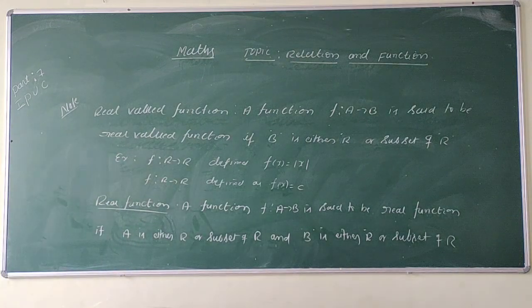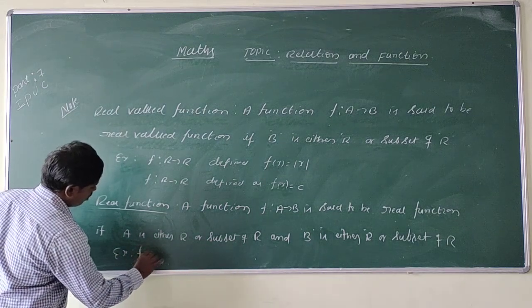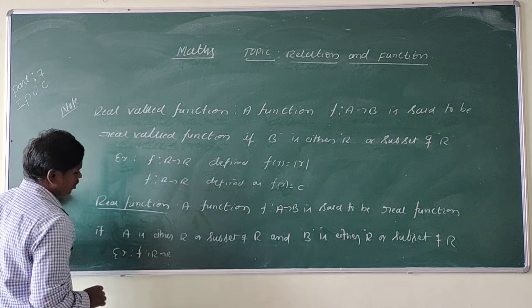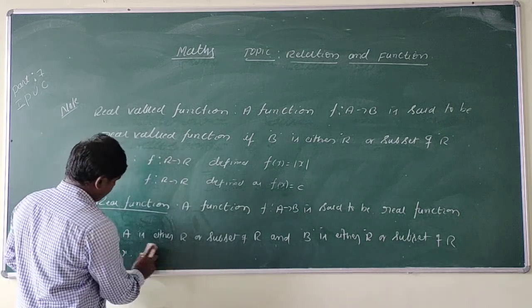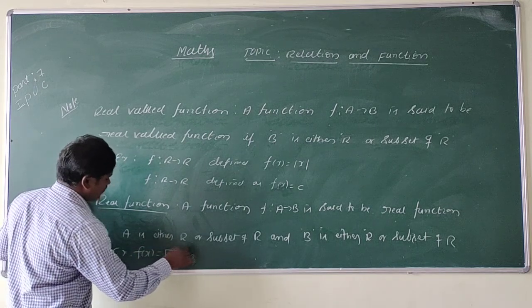For example, f is a mapping from R to R, and f of x is equal to root of x minus 1.